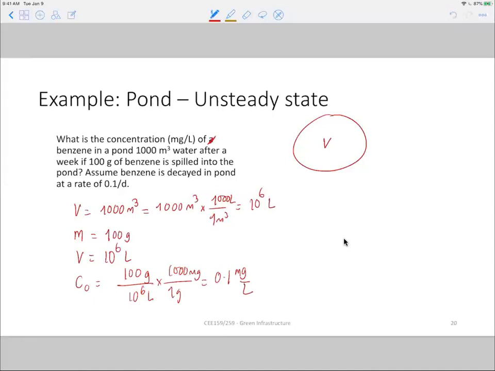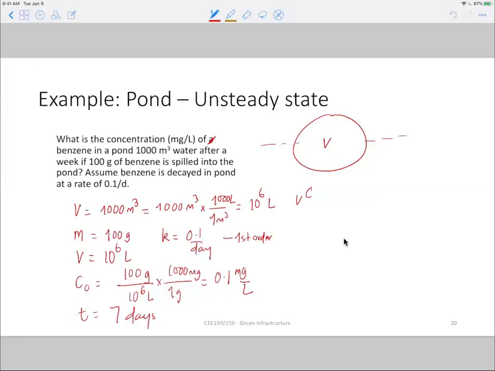Now let's write the mass balance. The time is after 7 days, or a week. And K is given, 0.1 per day. So that's first order. If you write the mass balance equation for the pond, because you know the inflow and outflow, again, this is not a steady state, so you cannot cancel the first term.